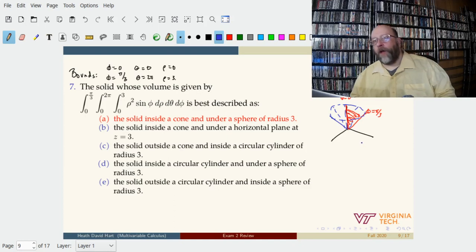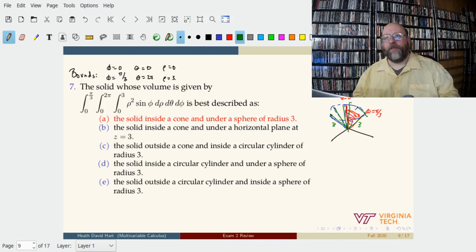And that looks like a cone, but then the radius goes from 0 to 3. And so what that's telling us is that in the radius direction, I always go out 3 units no matter what my angle is. So I go 3 units this direction, and 3 units this direction, and 3 units in this direction, and so I end up getting a curved top on this cone.